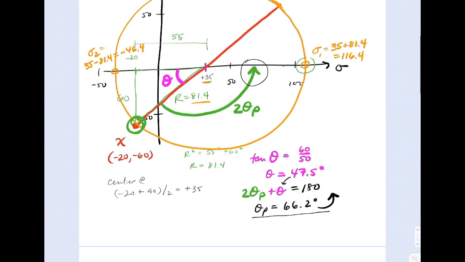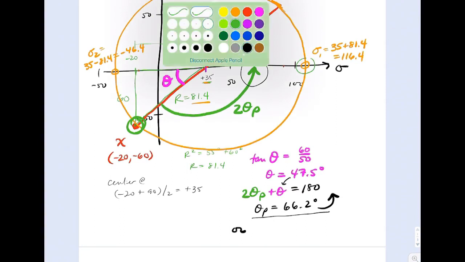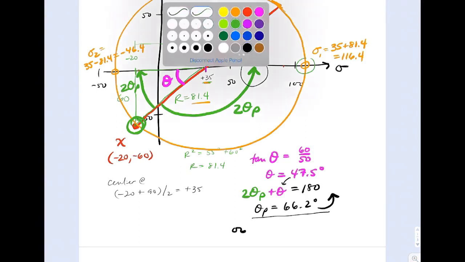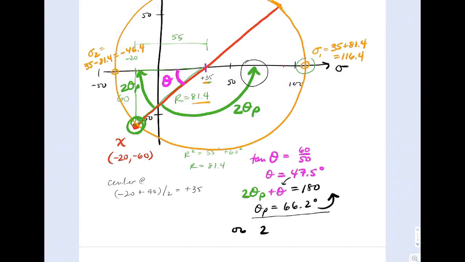The other answer, if I took the x point and moved it to sigma minimum, that also would be 2 theta p. So my other answer for theta p would actually be 23.8 degrees in the other direction. And again, those are 90 degrees apart, taking into account their direction.